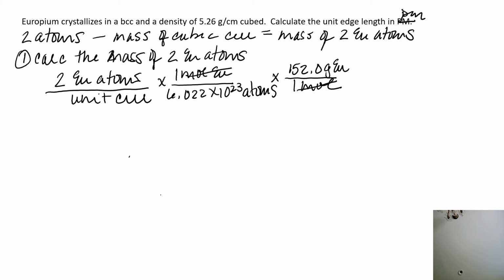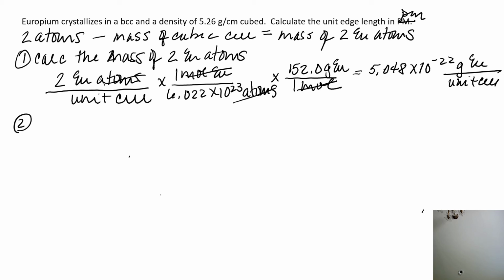So we've canceled atoms, we've canceled moles, converted to grams of europium per unit cell. And this is 5.048 times 10 to the negative 22 grams of europium per unit cell.